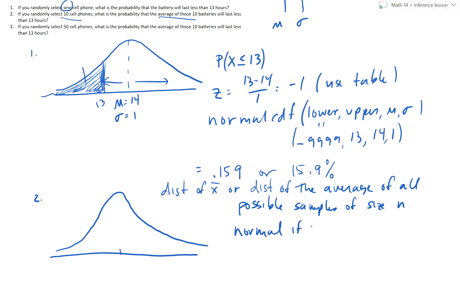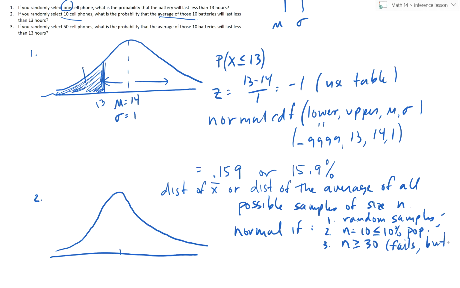And we know that's normal if 3 conditions happen. 1, they're random samples. 2, n, which is 10, is less than 10% of the population, which is true. And 3, n is bigger than or equal to 30. Uh-oh, it's not, so this fails.